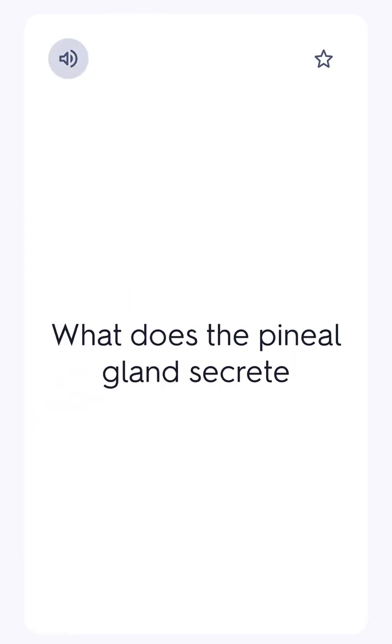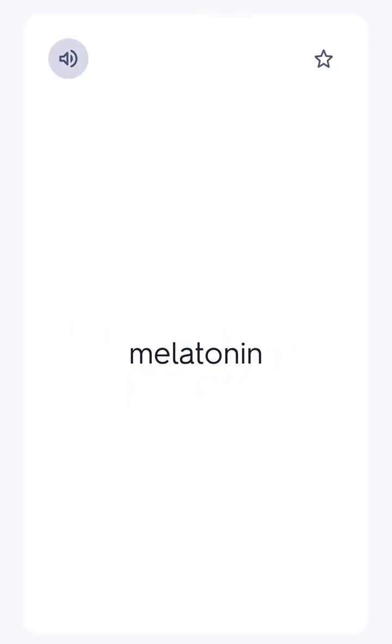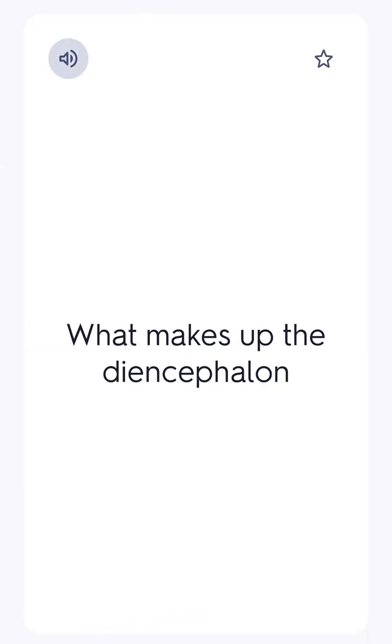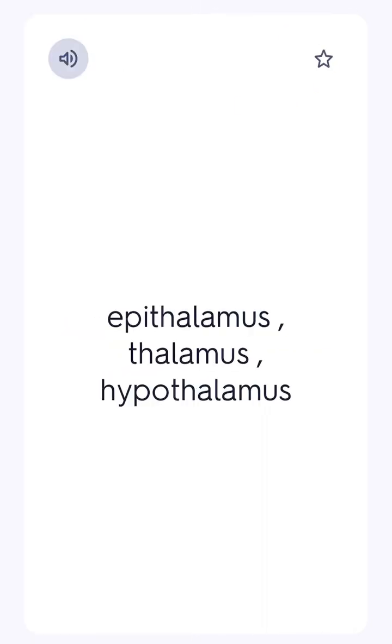What does the pineal gland secrete? Melatonin. What makes up the diencephalon? Epithalamus, thalamus, hypothalamus.